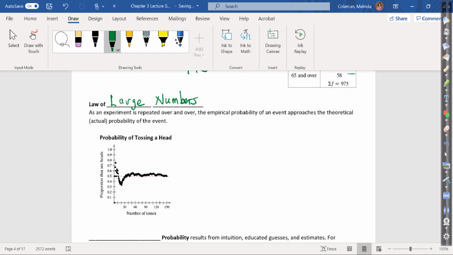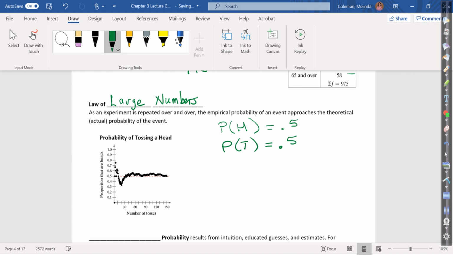This is often the case with something as simple as tossing heads or tails. If you flip a coin, it's either heads or tails. So the theoretical probability of getting heads is 0.5, and the probability of getting tails is 0.5.